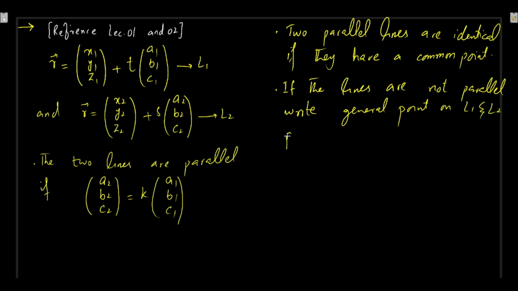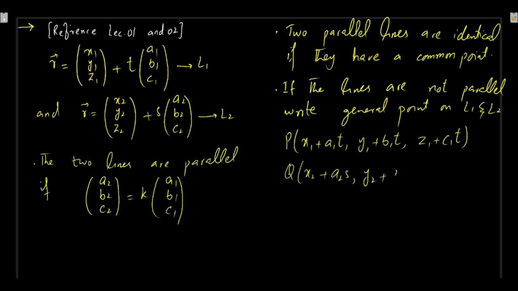Any general point on the line L1 is P(x1 plus a1t, y1 plus b1t, z1 plus c1t). Similarly, a general point on the line L2 is (x2 plus a2s, y2 plus b2s, z2 plus c2s). So these are the general points on the lines L1 and L2.